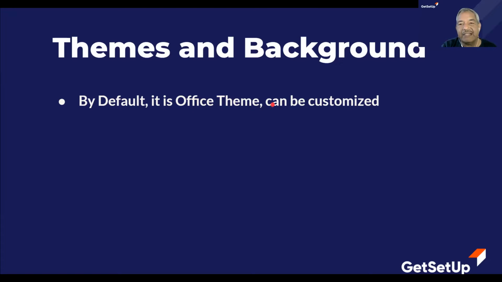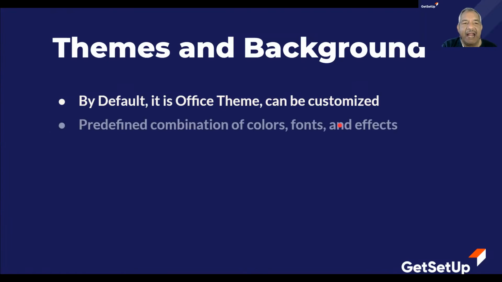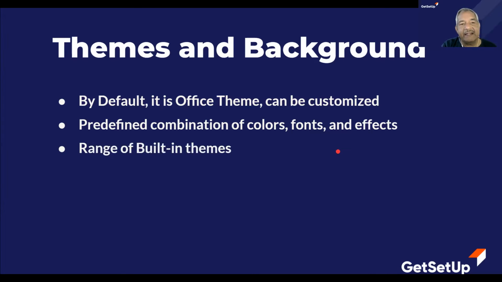But the good thing is that it can be customized. And there are predefined themes also, which are a combination of colors, fonts, and effects. Not to worry about this, we will be exploring it when we go into the demo phase. And there are a range of inbuilt themes there.